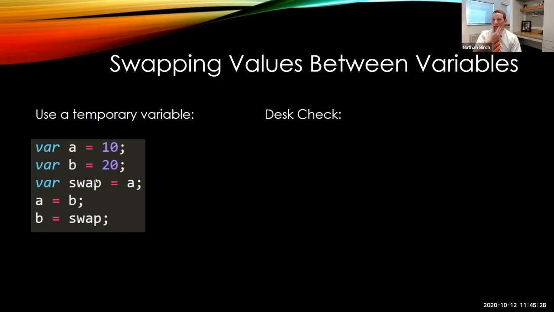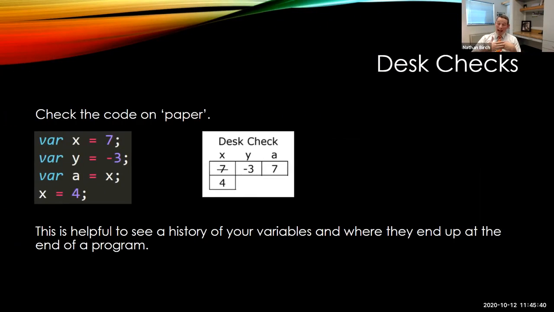And if I wanted to say, a equals b and b equals a, JavaScript is not a smart enough language to be able to handle that process and swap them both. Because if we look back over here, as soon as I assign x a different value, I can't get that 7 back. I can only have one value stored in these locations in memory in a computer. And so once it's gone, it's gone.